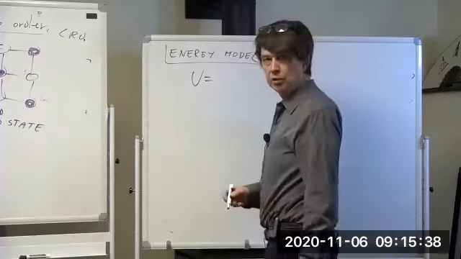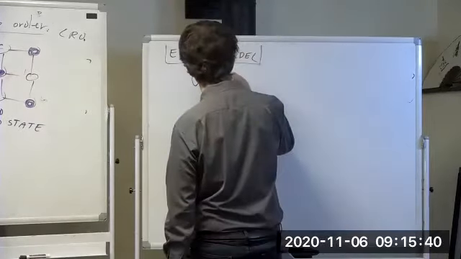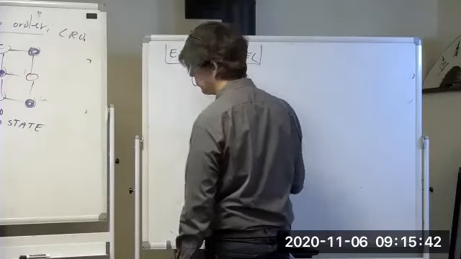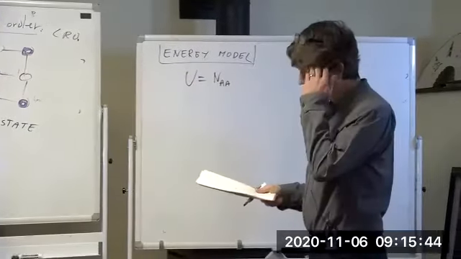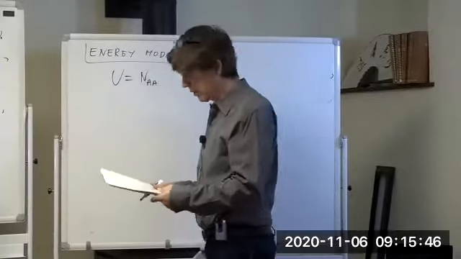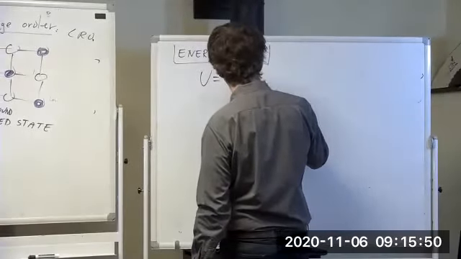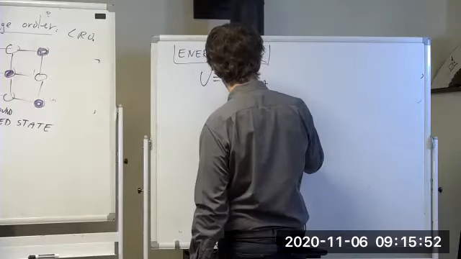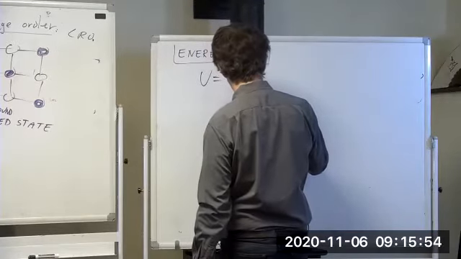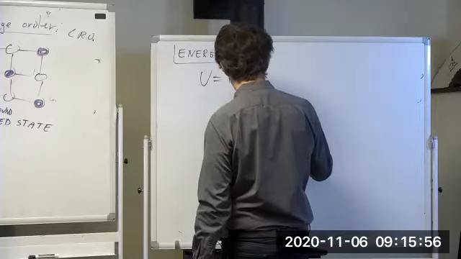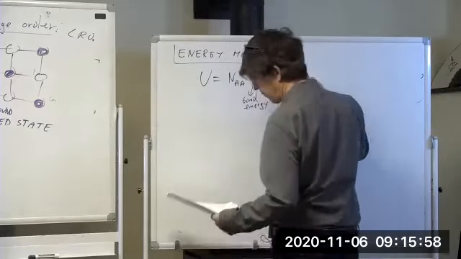So I'm going to say the internal energy is the number of AA bonds, and I'm doing this again just for binary AB, times the bond energy, and I'll call that WAA. So this is the bond energy. Plus the same for BB.